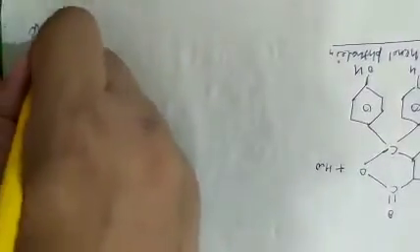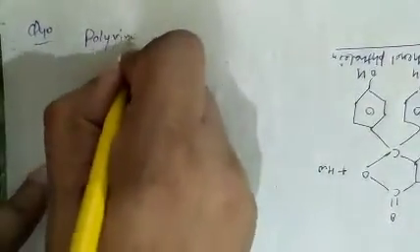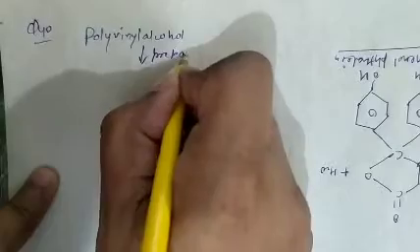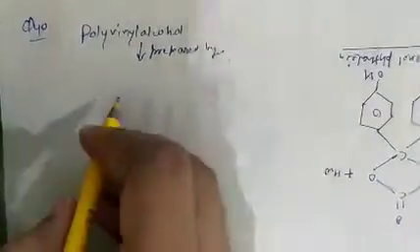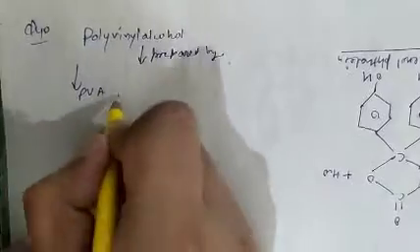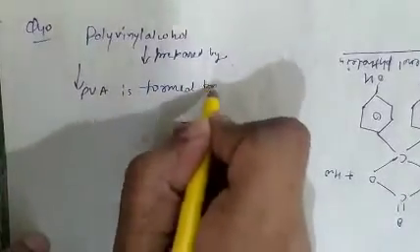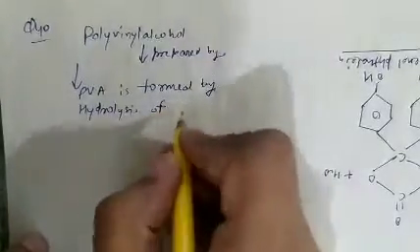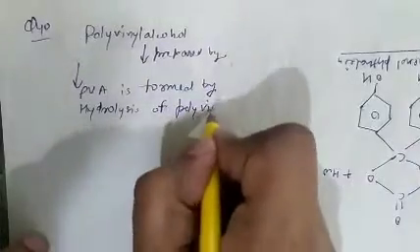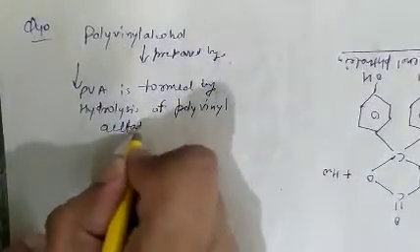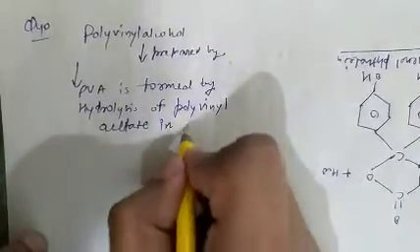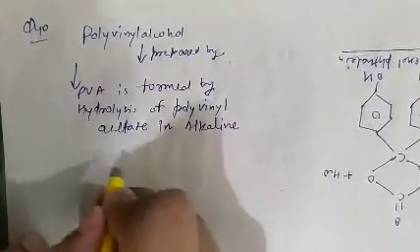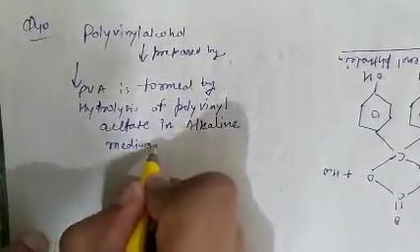As we know, polyvinyl alcohol is formed by hydrolysis of polyvinyl acetate in alkaline medium.